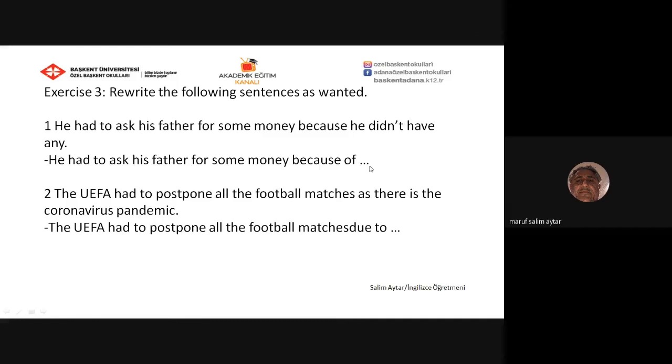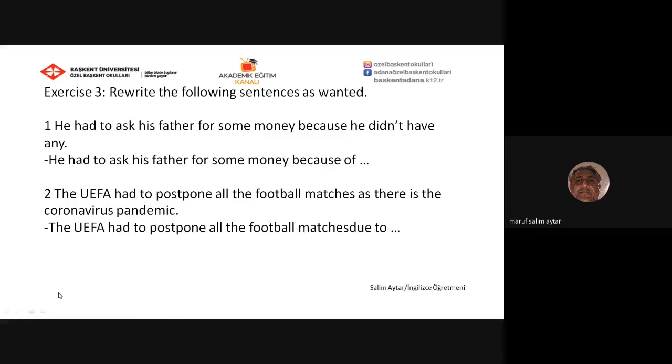So after not, we have the base form of have here, not have. And in order to make have into a noun, we have to put an ing to the base form: because of not having any.